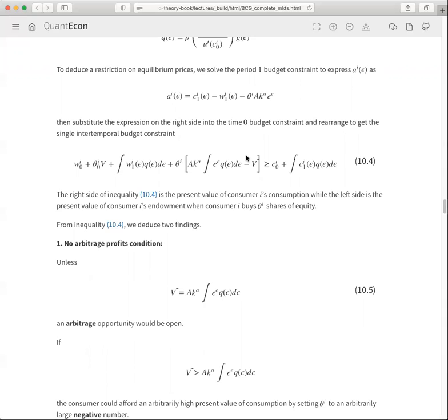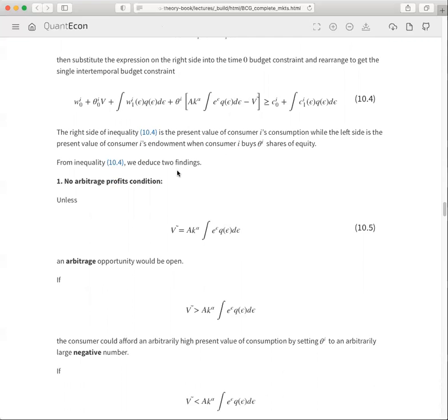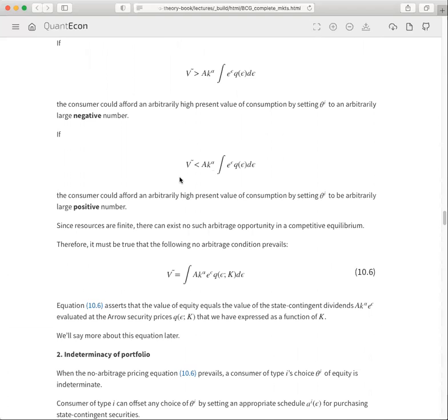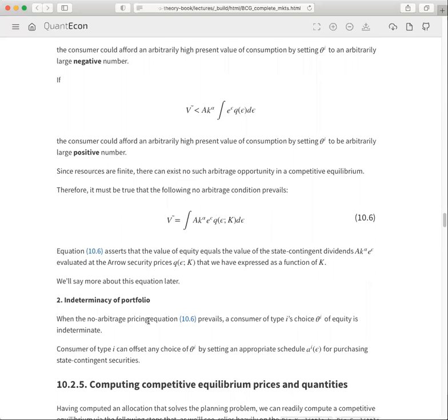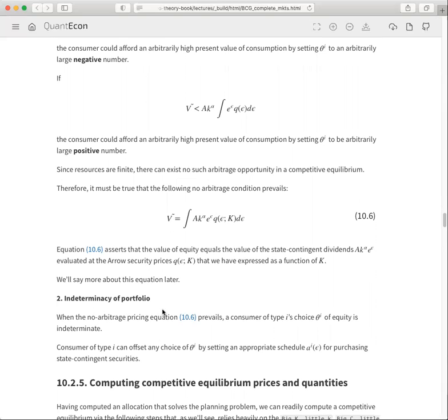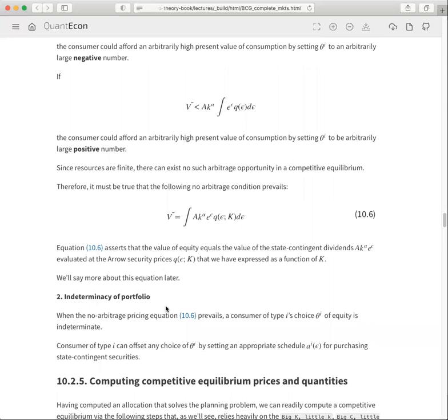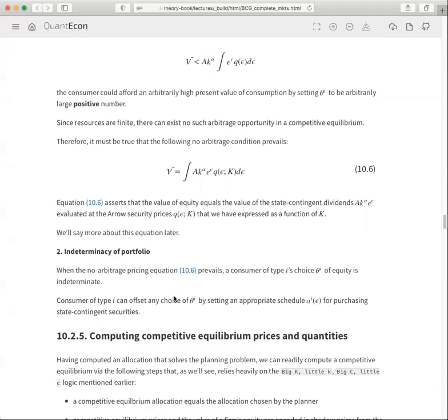As long as this is true, theta i has no effect on the left side of his budget constraint. So he doesn't care. He can move this to anything he wants. I want you to think about this indeterminacy of the portfolio in this setting.